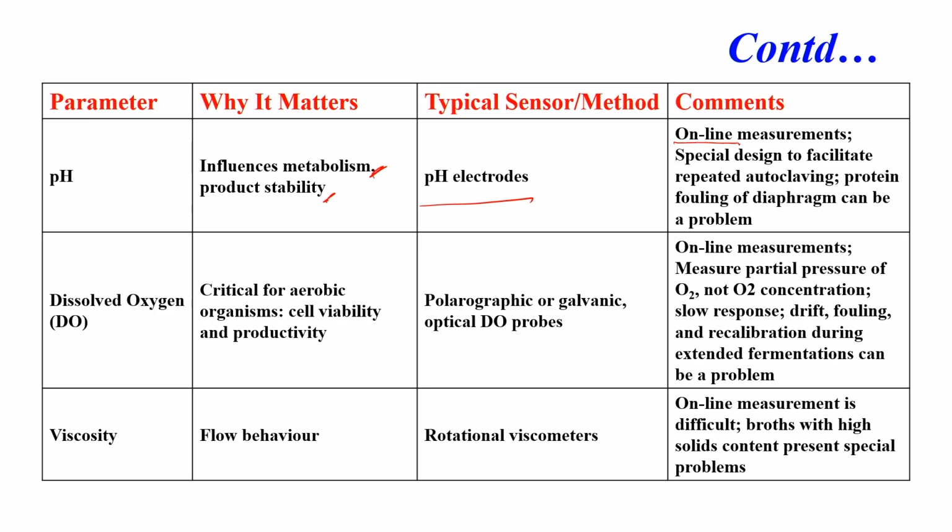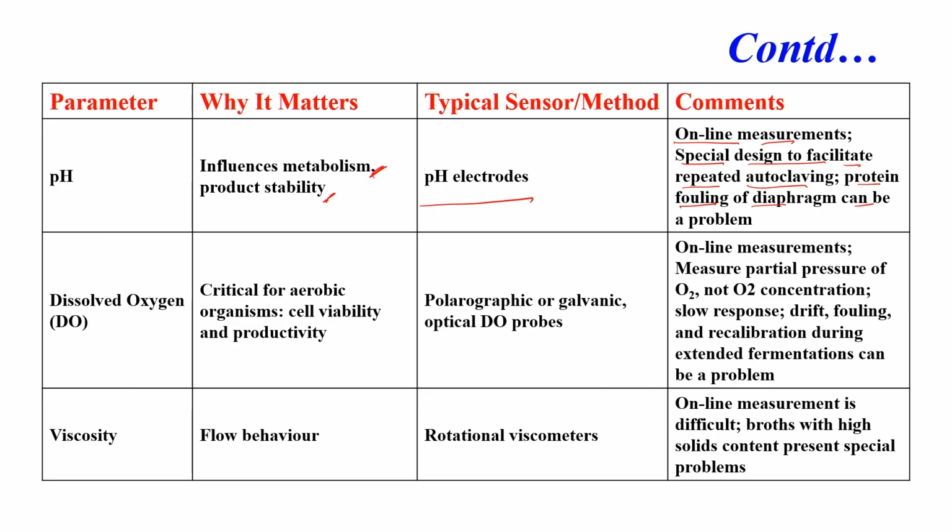As I discussed earlier also, online measurement is possible using a pH electrode, but it is specially designed to facilitate repeated autoclaving, because we need to reuse it. Once it is inserted in a bioreactor, there are chances of protein fouling of the diaphragm, and that can be a challenge, particularly in the case of online measurement.